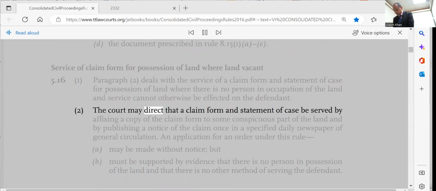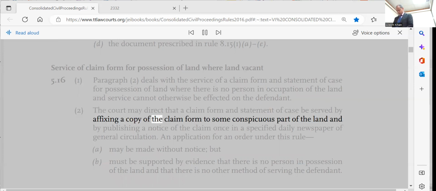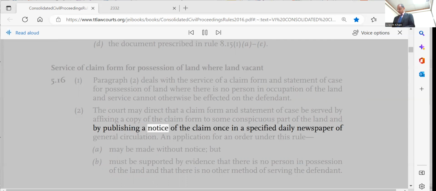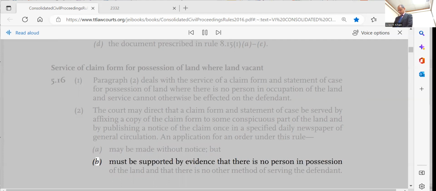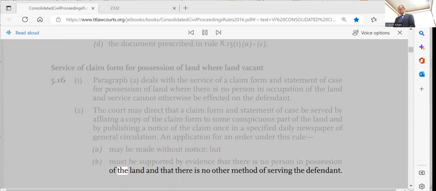The court may direct that a claim form and statement of case be served by affixing a copy of the claim form to some conspicuous part of the land and by publishing a notice of the claim once in a specified daily newspaper of general circulation. An application for an order under this rule, a. may be made without notice, but b. must be supported by evidence that there is no person in possession of the land and that there is no other method of serving the defendant.